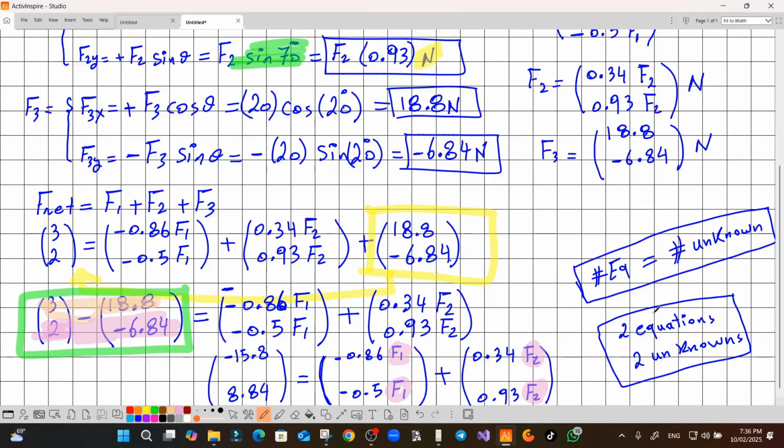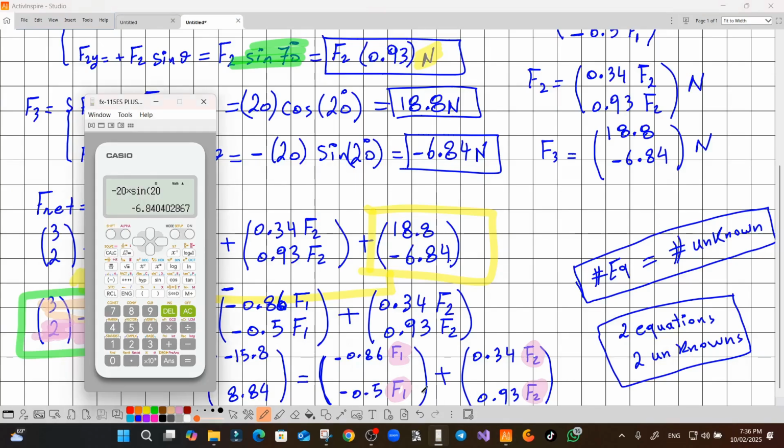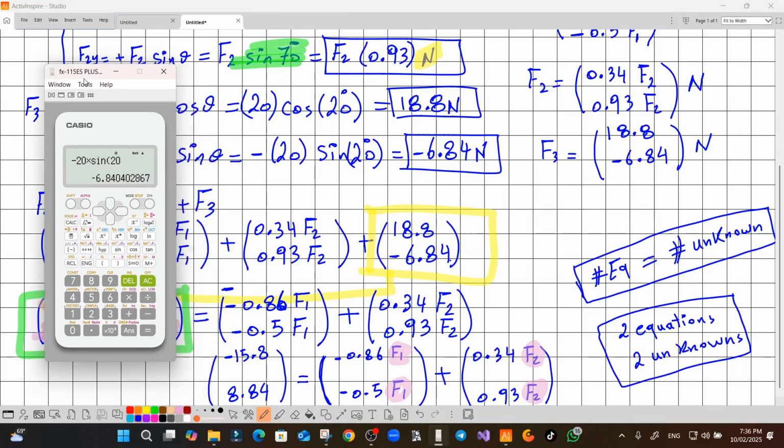Now, since the simultaneous solution will take a long time to complete, I prefer to use the calculator. So let me use the calculator and teach you how to use it to solve this system of equations.